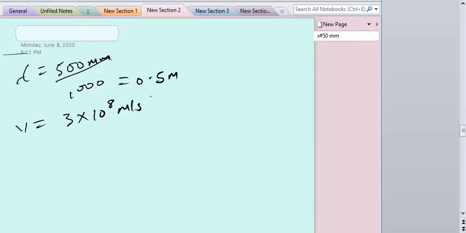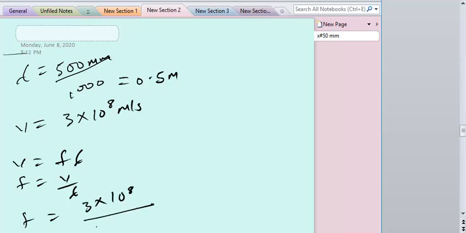So they ask us to find the frequency. If you remember that we have v equals f lambda, if you make f the subject of formula, f is going to be equal to v over lambda. Meaning f will be equal to 3 times 10 raised to the power of 8 all over the lambda, 0.5.